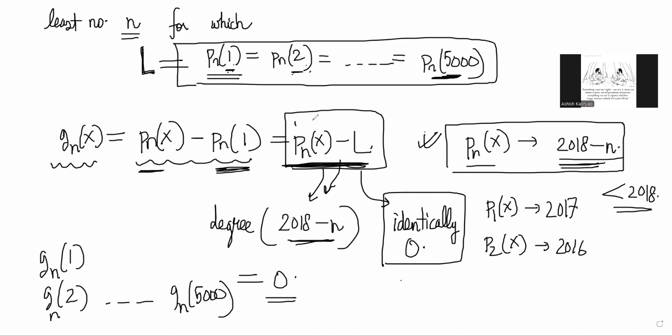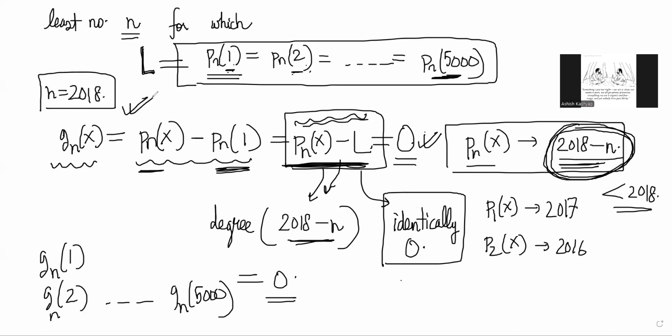This polynomial has more roots than its degree, so it's identically equal to 0, right? The only way that can happen is if the degree of the polynomial is also 0, right? So n must be 2018. Otherwise, it won't work, because then the polynomial will not be a degree 0 polynomial.